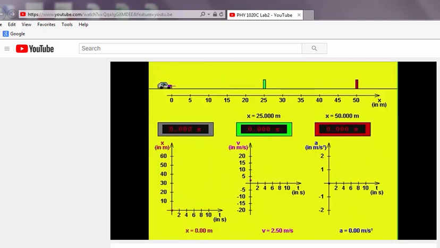Reset it. Let's go for the seventh trial. Stop it. Take your measurements. Reset it. Let's go for the eighth trial.